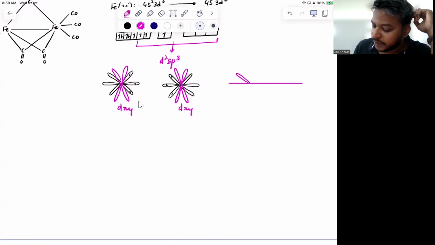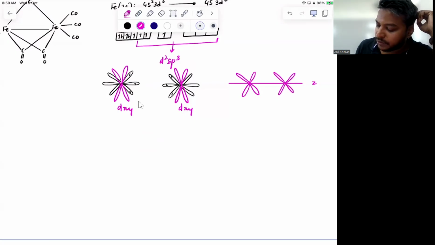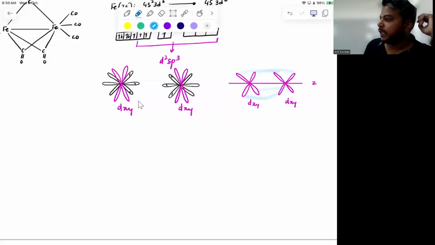So we'll have this one like this. If this is your z-axis, then what are these two? dxy and dxy. So between these two, we will have bonding here. What is this bond now? Delta bond.